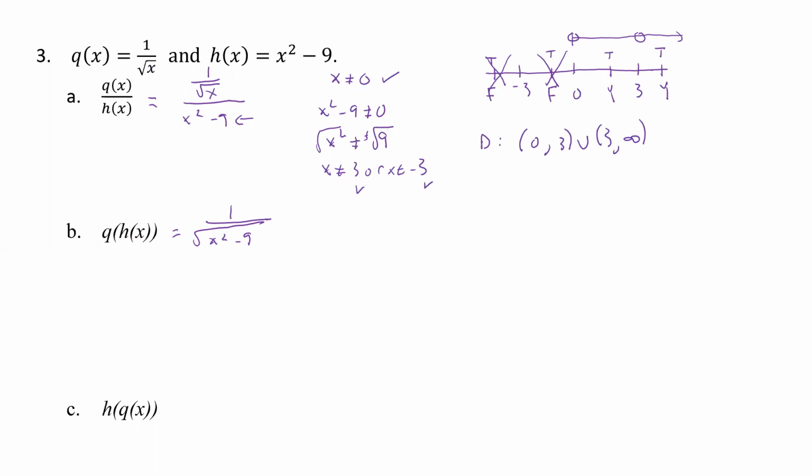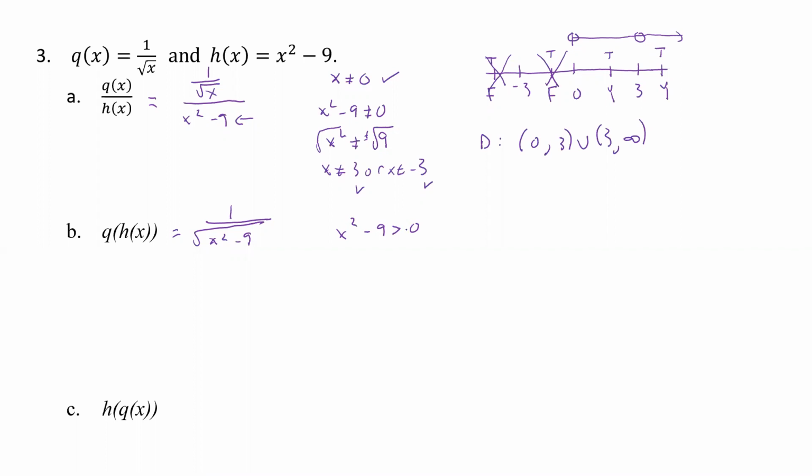So what do we have here? 1 over the square root of x squared minus 9. What can we do there? Well, we know that everything under the square root has to be positive, because we can't take the square root of a negative, but we can't equal 0 either. And so that means we're going to have x squared minus 9 is strictly greater than 0.